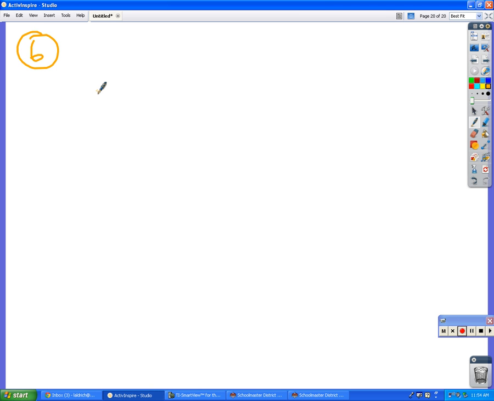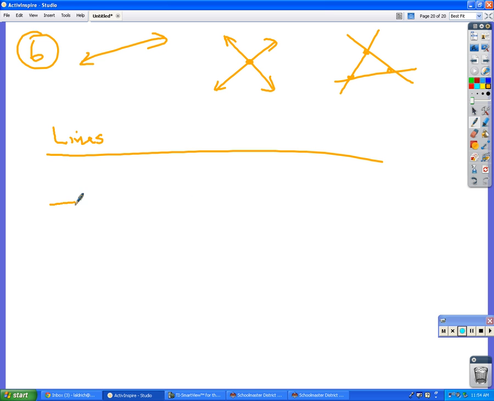So once again, we're drawing lines on a piece of paper, and now we're counting their intersections. So lines, let's leave a blank just in case. We'll go intersections.